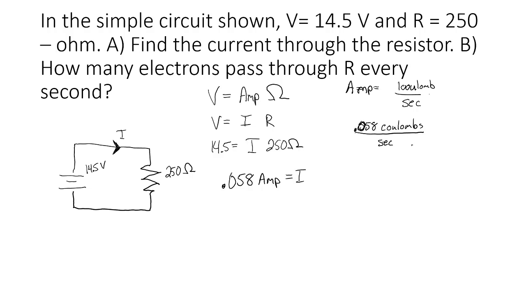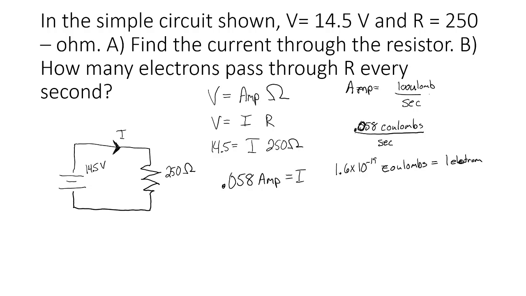And when we look at this, we know that 1.6 times 10 to the negative 19th coulombs is equal to 1 electron.